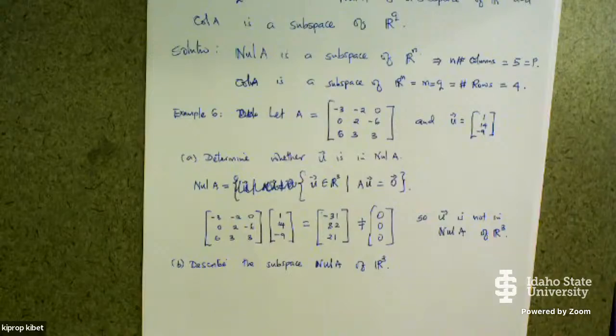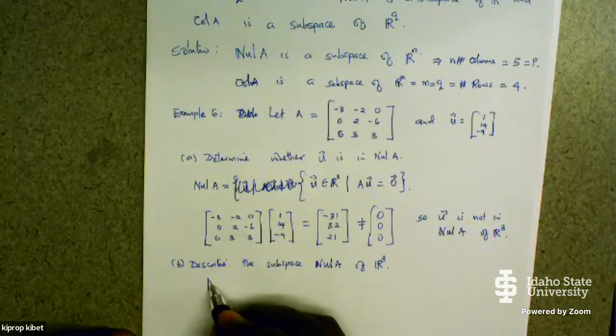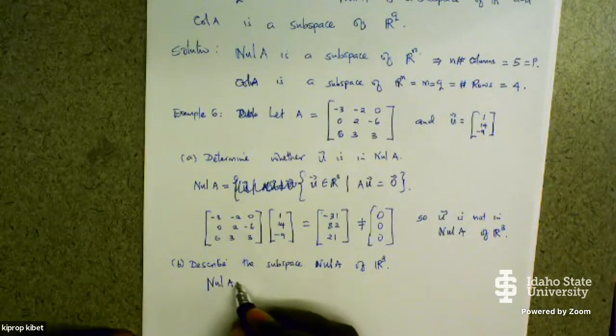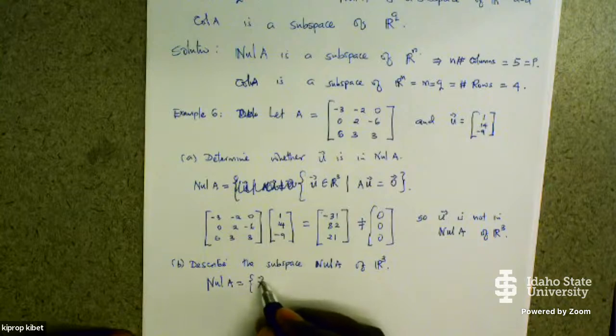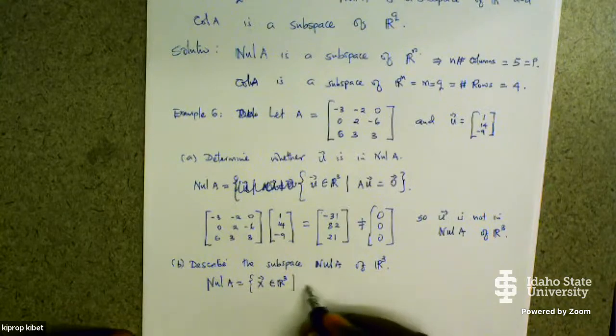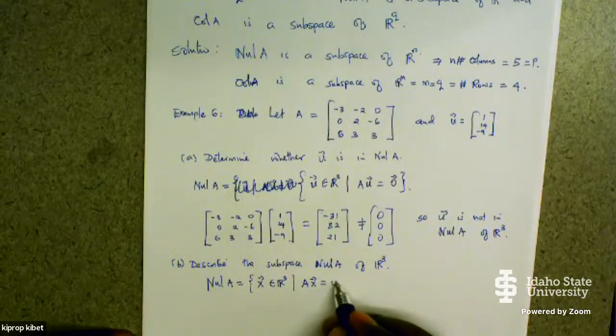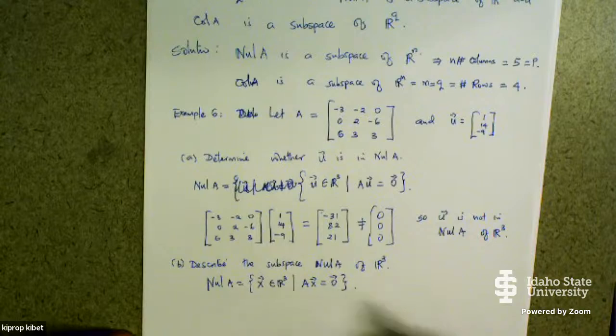Here we need to get the solution. So we need to get the null space of A, which is the set of X, where X is an element of R3 such that AX equals 0. So we need to get the solution, which is X.